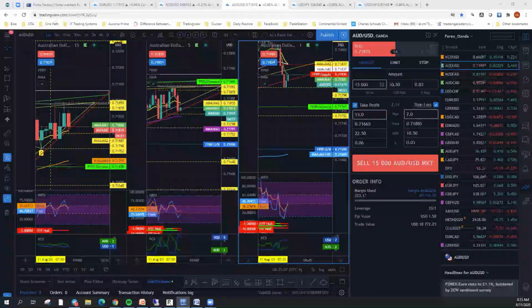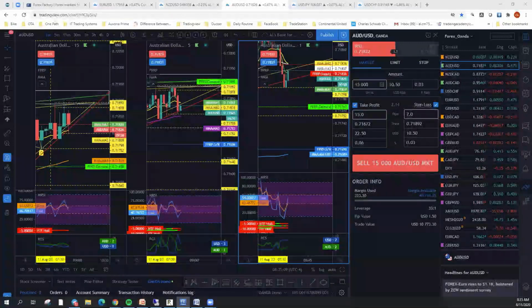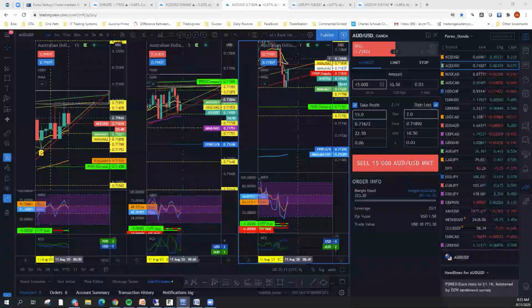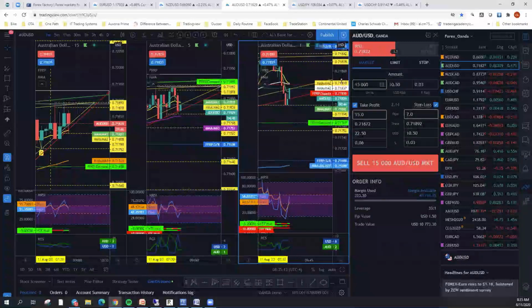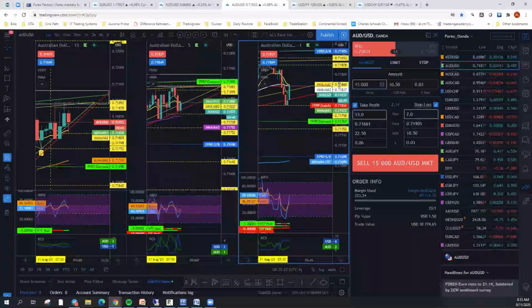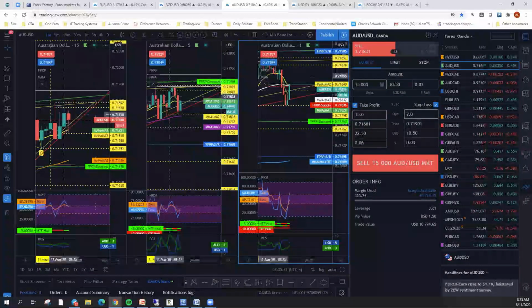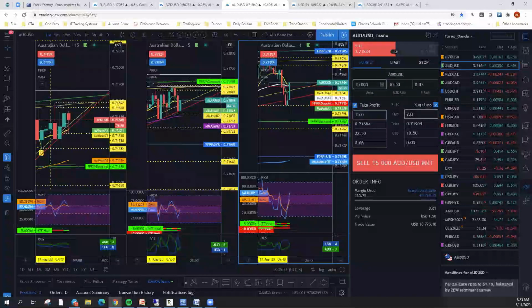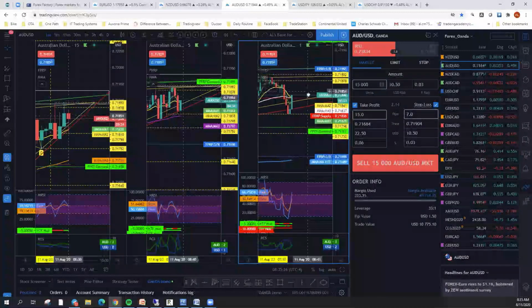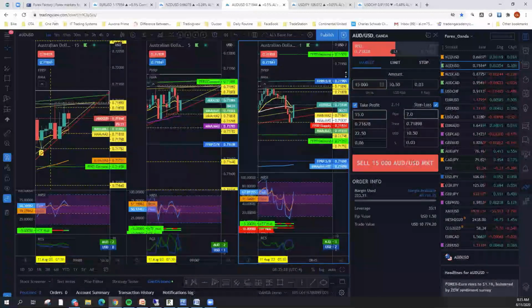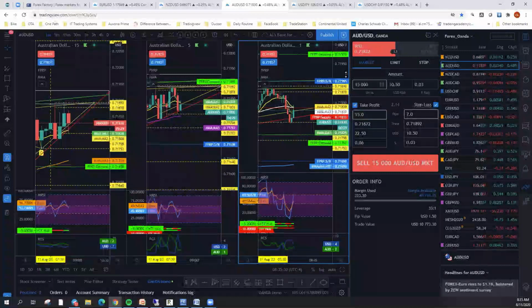Another blue candle. And on the 15-minute, it popped right back into the wedge. Yep, back right into the wedge. It's going to go right to the peak of that wedge before it decides where it wants to go.